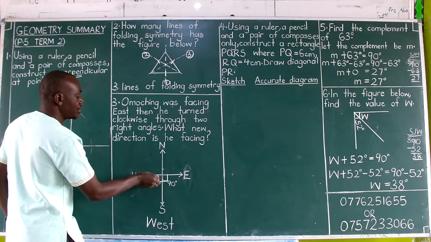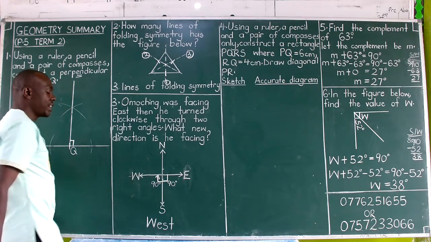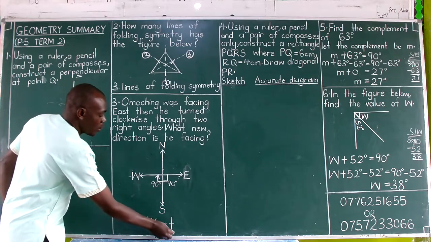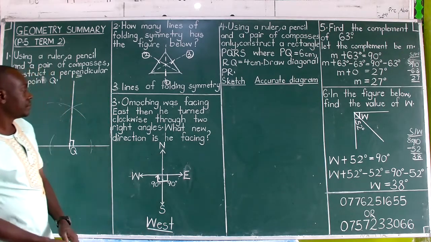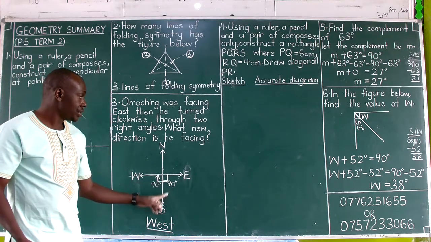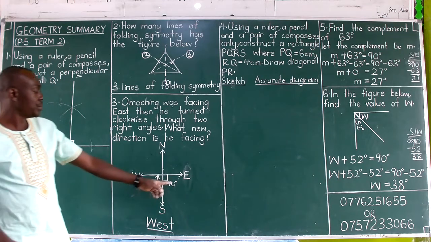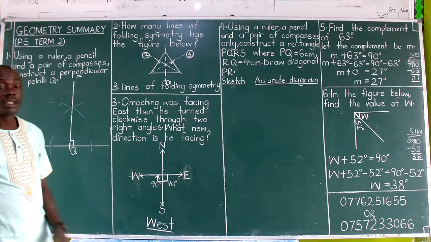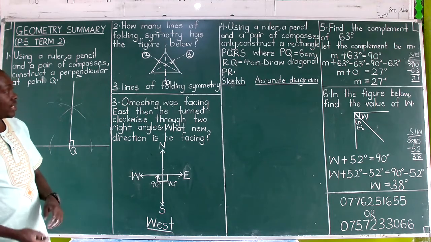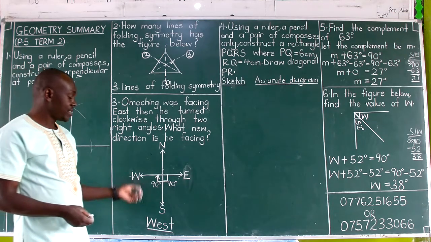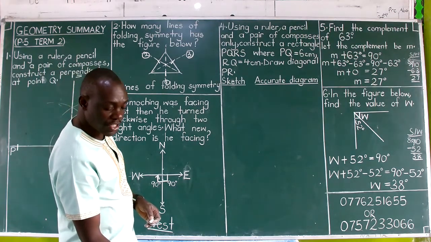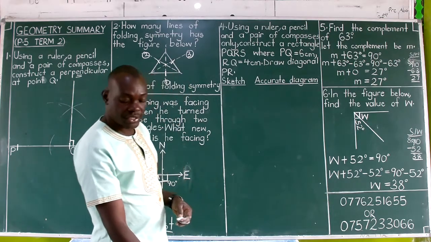Then the second right angle. So it stops here. What is the new direction? It is the west direction. So we turn through 2 right angles, 90 and 90, and then finally face the west direction. So the answer is west. Don't change it to western. The answer is west.